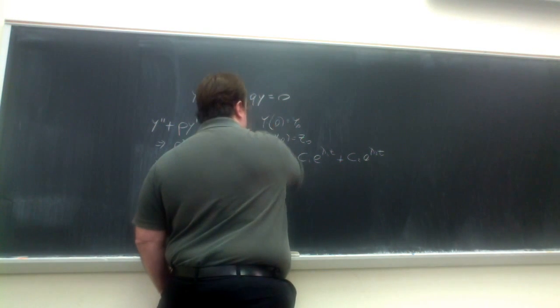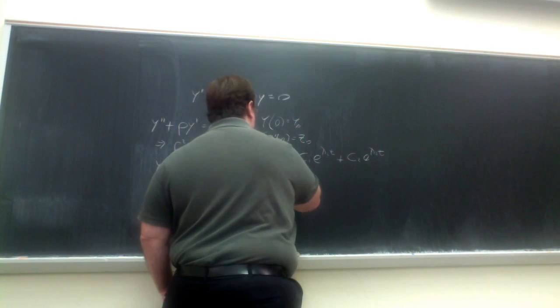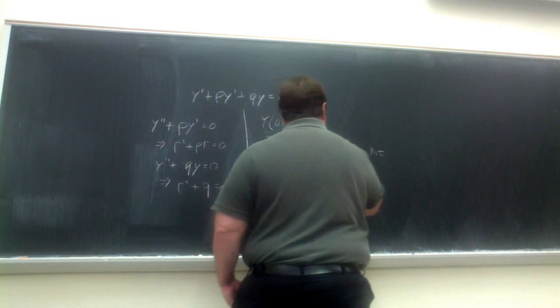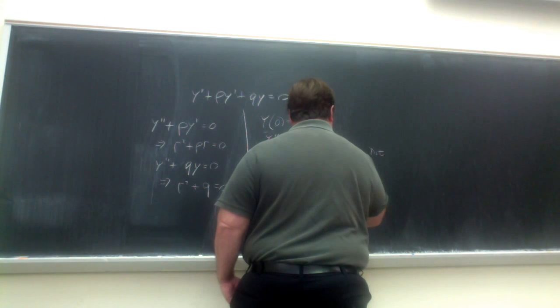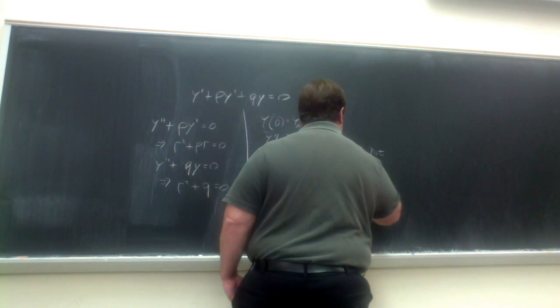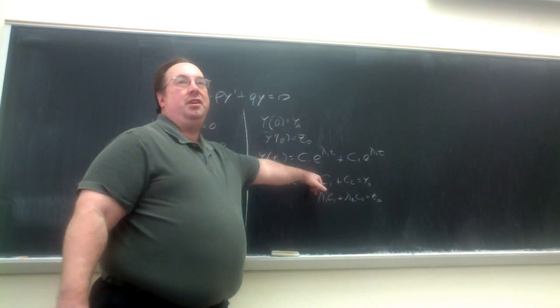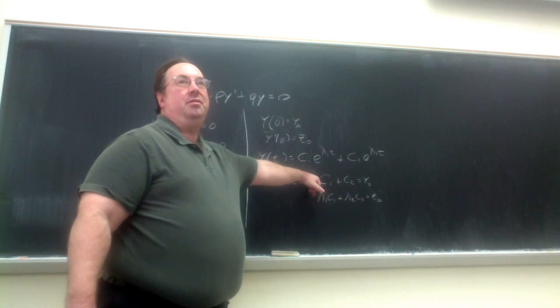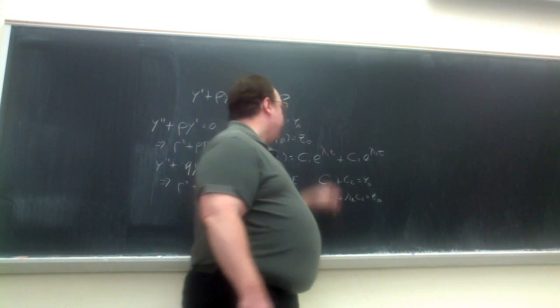Now, in this case, when the initial time is 0, we have to solve this system: C1 plus C2 is y naught, and C1 plus lambda 2 C2 equals z naught. But can someone tell me, why is that the equation to solve? Where does it come from? Because if you plugged in 0 for the t, your e would go to 1.